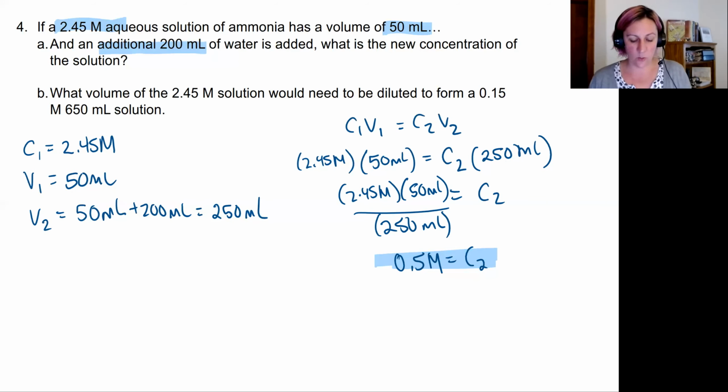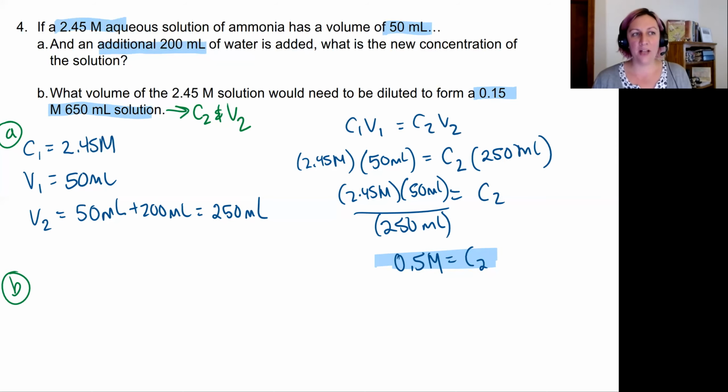So for B, it says what volume of the 2.45 molar solution would be needed to dilute it to a 0.15 molar solution that has a volume of 650 milliliters. So that 0.15 molar, my 0.15 molar 650 milliliter solution, this is my C2 and my V2 for problem B. So what I'm being asked here then is how much of that first amount.